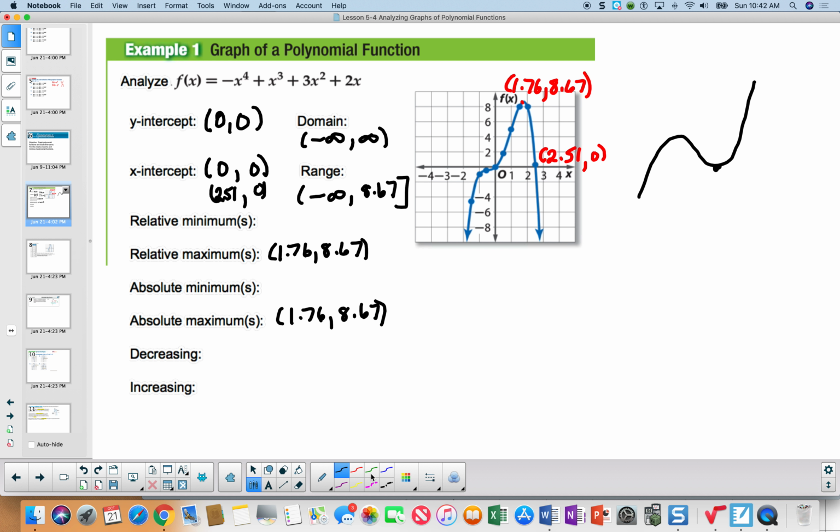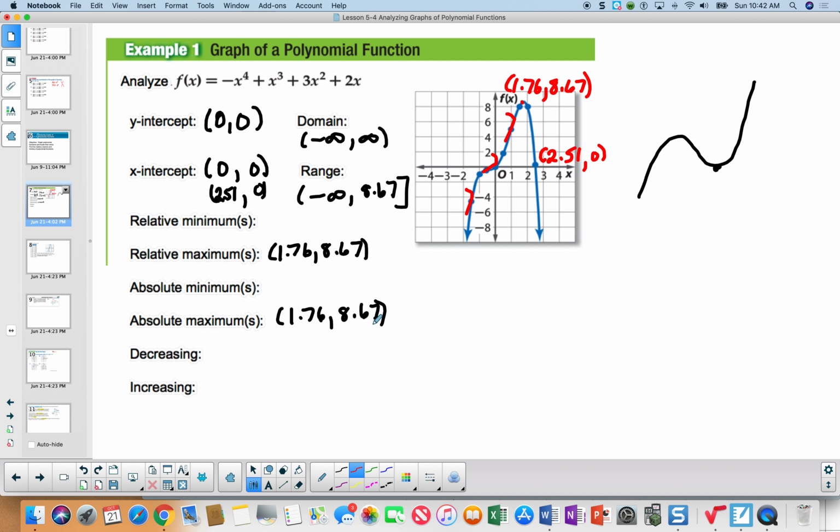Now let's talk about decreasing and increasing. Over here, if you were to take a skier and have him put his skis right on the slope of this hill, his skis would turn up because he would be going up, and then his skis right here would be turning up. If the ski is turning up, this is what we call increasing.